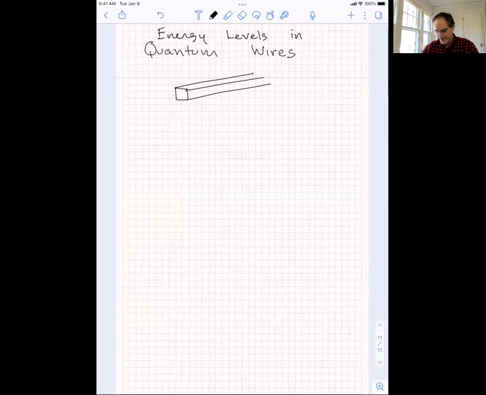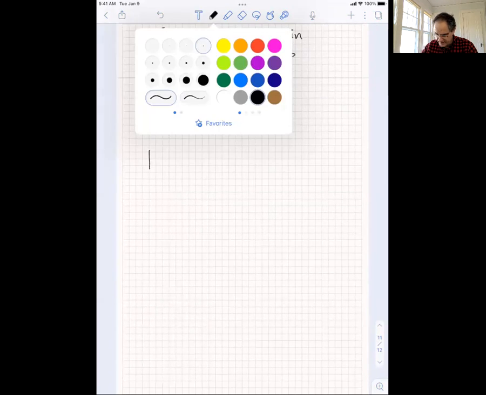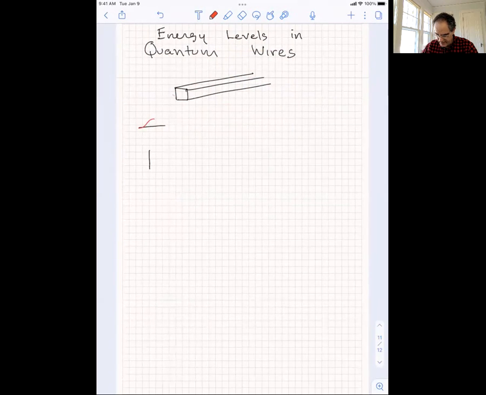All right, I want to talk briefly about energy levels in nanowires before we go on. We're talking about energy levels in quantum wires. In these systems, of course, the electron is confined in 2 dimensions. That means that the electron wave function will be confined both in the vertical direction and the horizontal direction.